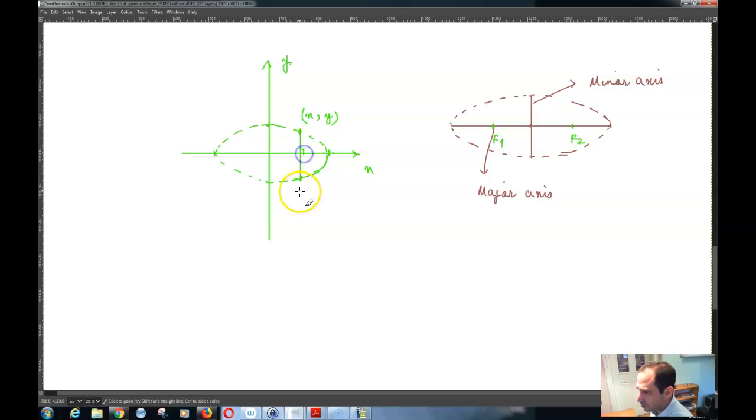If this line is perpendicular to the x-axis, then you will find some point over here exactly on the ellipse, which is x comma negative y.